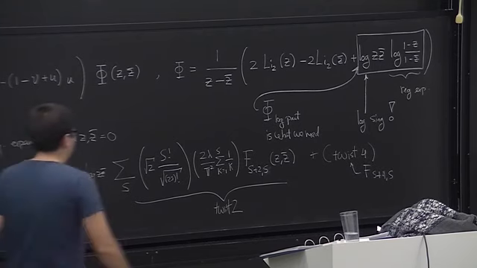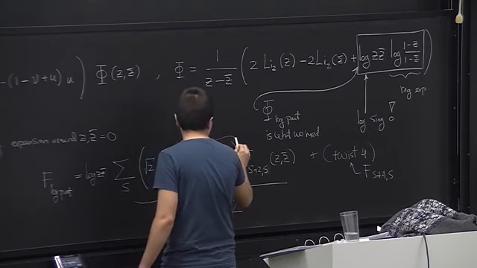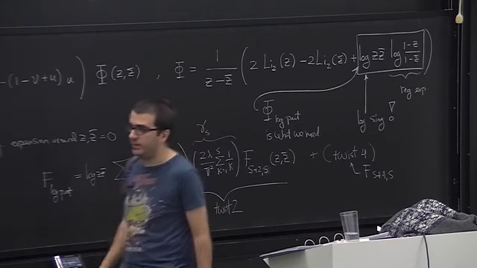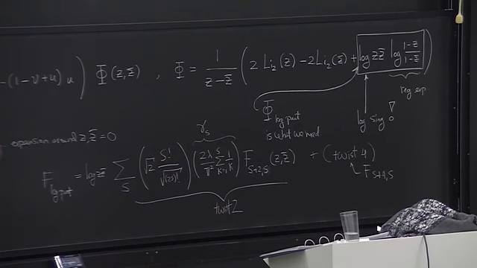So by looking at this, we identify this part as being exactly the anomalous dimension of the operator with spin s. Okay?